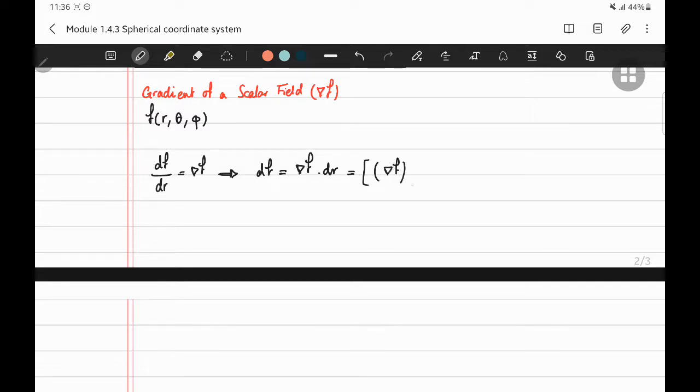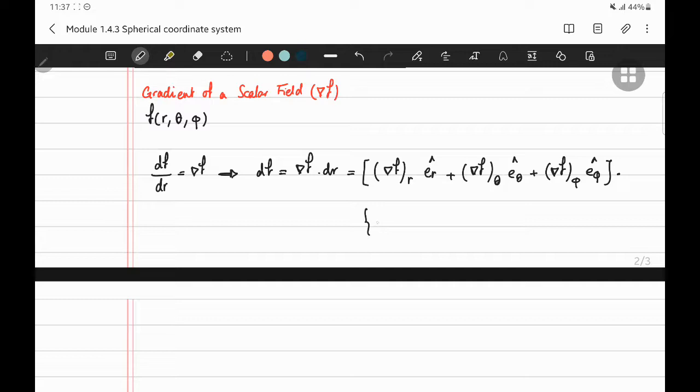So del f has a component in r, del f r e r, plus del f theta e theta, plus del f phi e phi, dot, and the rest goes here.